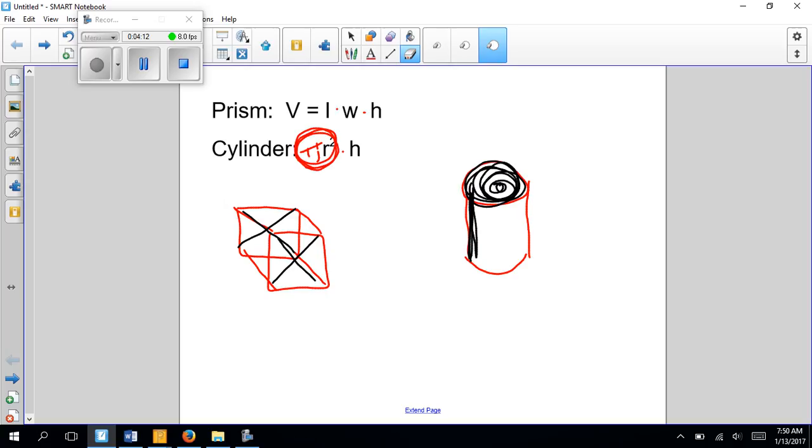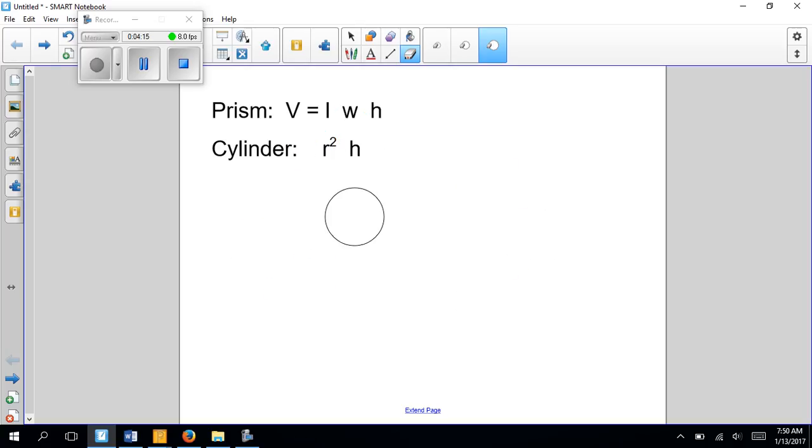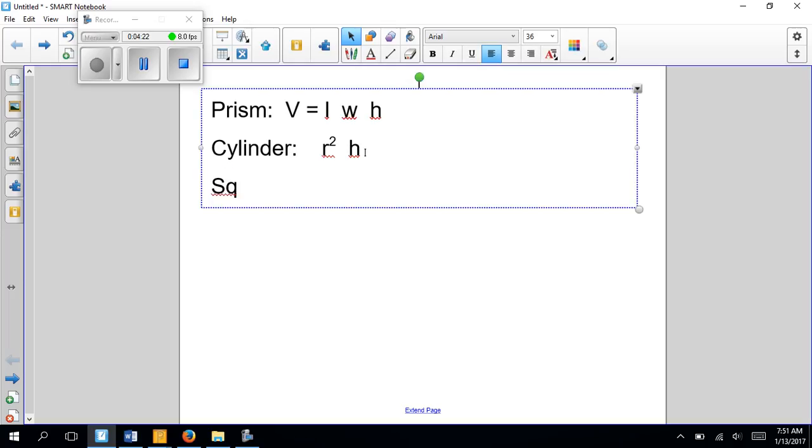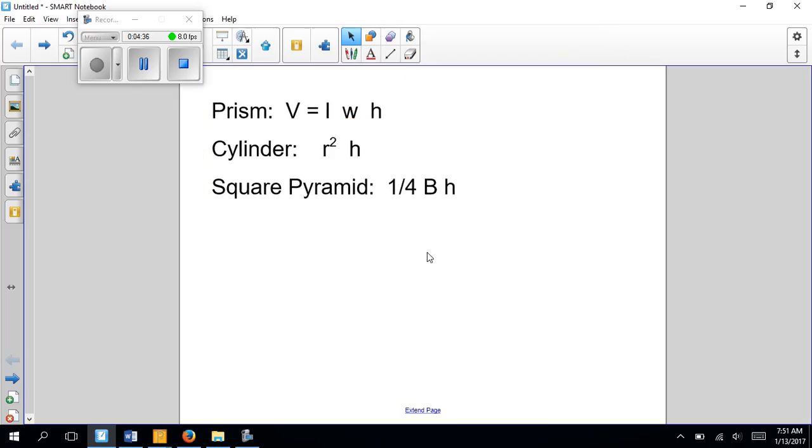All right, for the other ones, the ones you probably really didn't touch on yesterday, you have square pyramid. This is probably the one that's the least of our concern. For square pyramid, it is 1/3 the area of the base times the height.